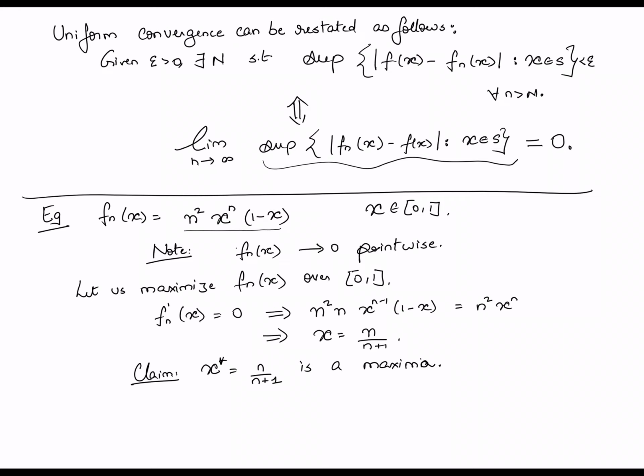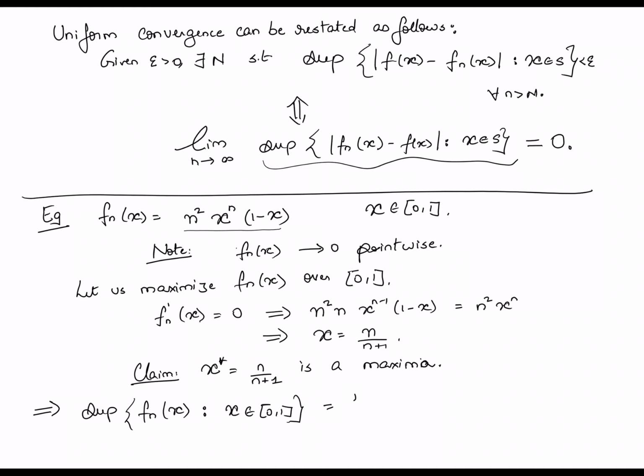So if I want to understand the maximum deviation from the pointwise limit 0, all I have to do is evaluate f_n at this point, right? So therefore, if you look at the sup of f_n(x), so this is in fact the difference between f_n(x) and its pointwise limit, over x running from 0 to 1.